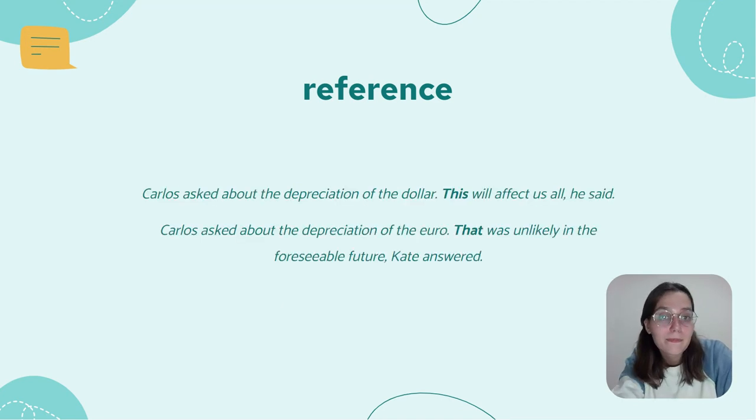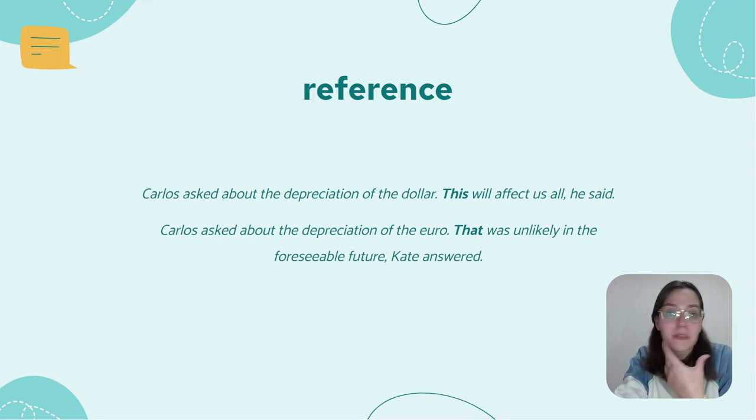Now, let's compare these two, this and that. Carlos asked about the depreciation of the dollar. This will affect us all, he said. Carlos asked about the depreciation of the euro. That was unlikely in the foreseeable future, Kate answered.